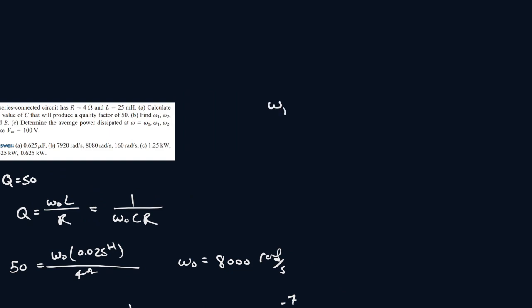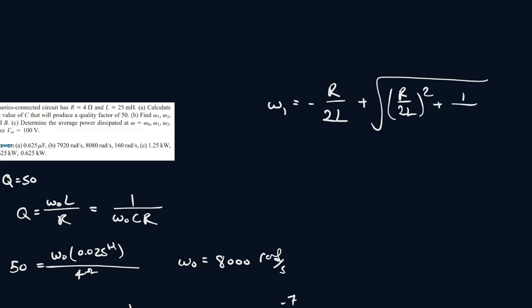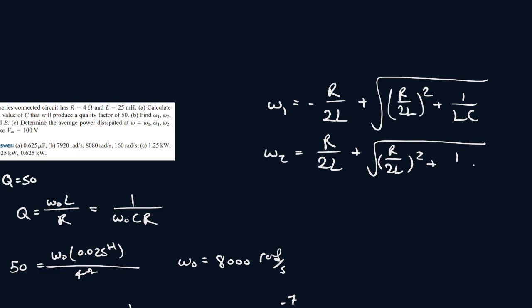So W1 is equal to minus R over 2L plus the square root of (R over 2L) squared plus 1 over LC. And W2, which has to be greater than W1, will be equal to R over 2L plus the square root of (R over 2L) squared plus 1 over LC.